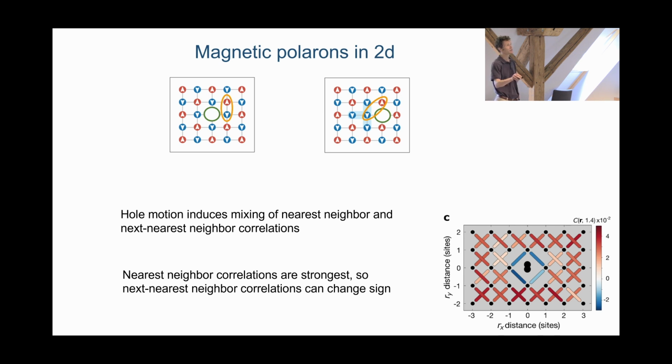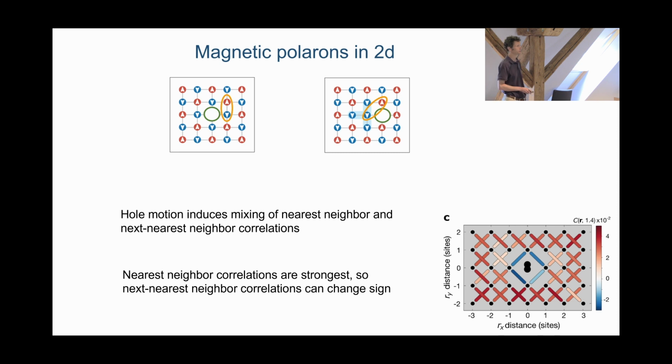And in fact, they became diagonal, especially this one, because it used to be nearest neighbor. And nearest neighbor correlations are always stronger than longer range correlations. That's why, when we average over all diagonal correlations, we see that the antiferromagnetic correlation, which came from the nearest neighbor sites, actually dominates.